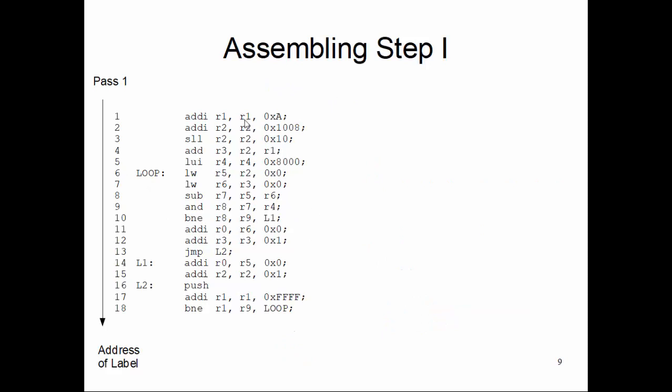So in pass one, this step one, let's see how it does it. Let's first index your instructions: instruction 1, 2, 3, we have 18 instructions in this piece of code. Each time the assembler reads in from instruction 1, instruction 2.